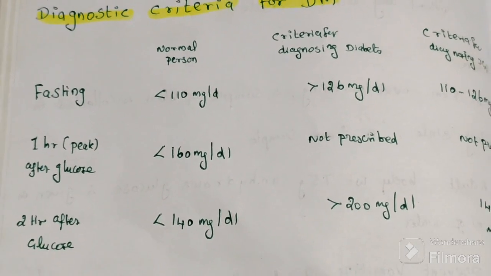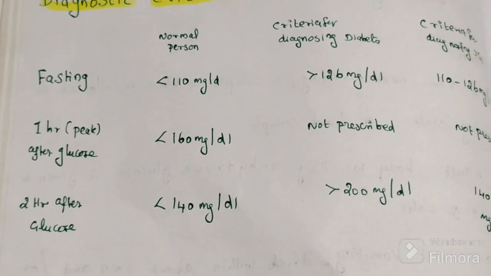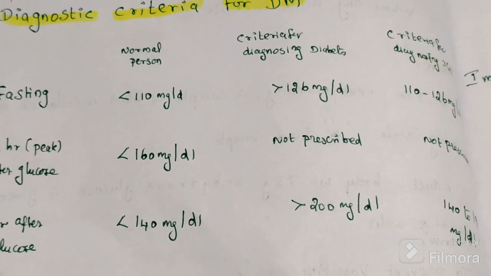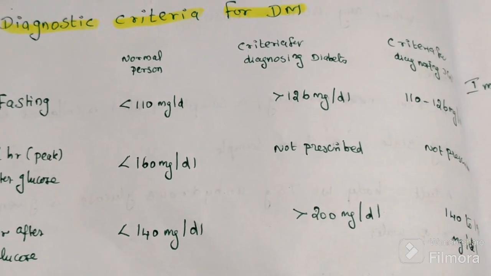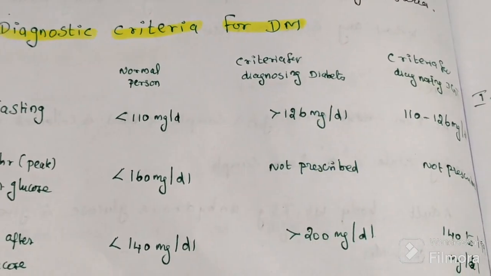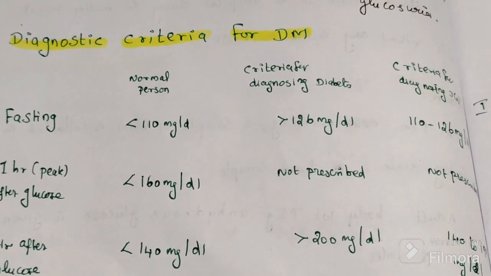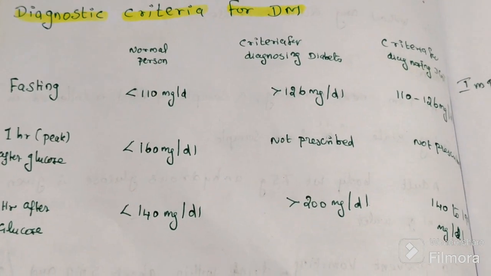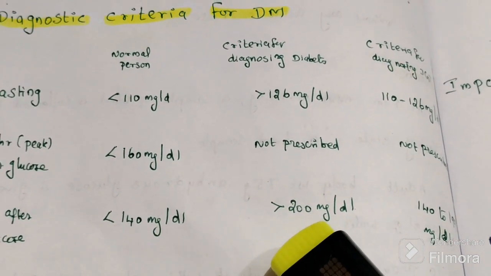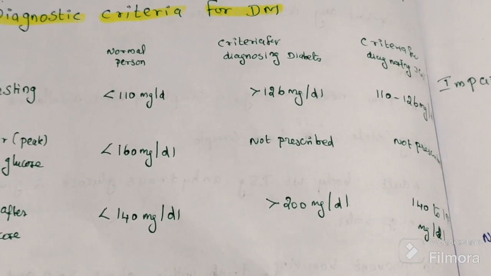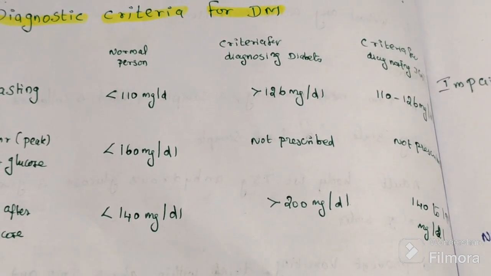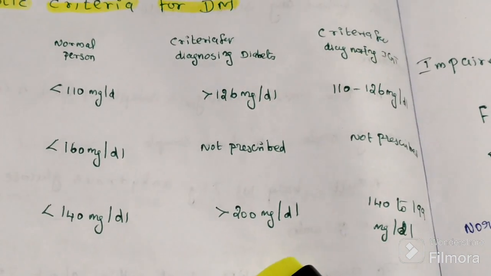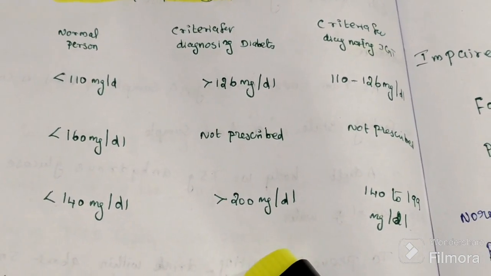Diagnostic criteria for diabetes mellitus: fasting plasma glucose more than 126 mg per deciliter on more than one occasion, and a 2-hour glucose sample showing more than 200 mg per deciliter, then it is considered diabetes mellitus.